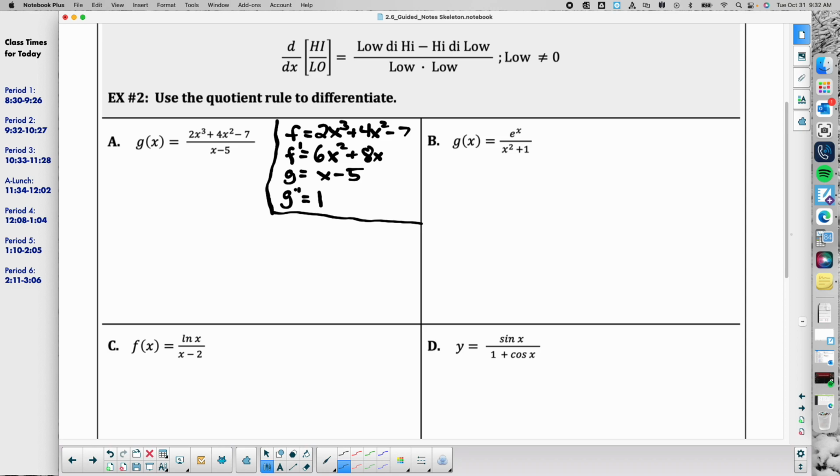And I'm going to have to really struggle to try to fit this information all in here. Okay, so the derivative of g is going to follow the quotient rule. So low, x minus 5. D high, 6x squared plus 8x.